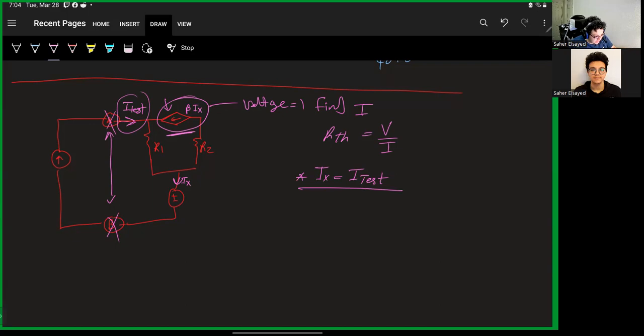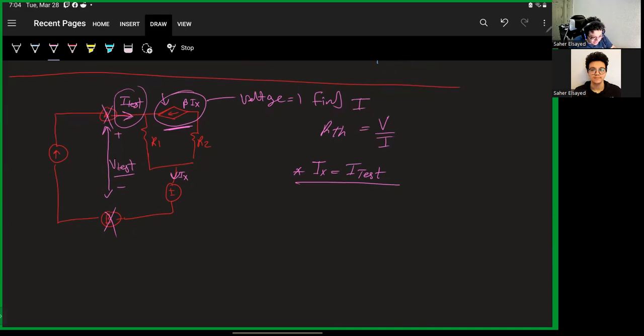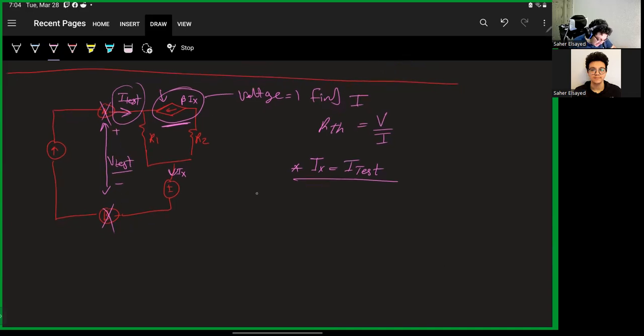Okay. And so we can do a KVL in our case. So this is your V test. You can set it to whatever, but let's say it's V test at this moment. So it's negative V test, plus what?